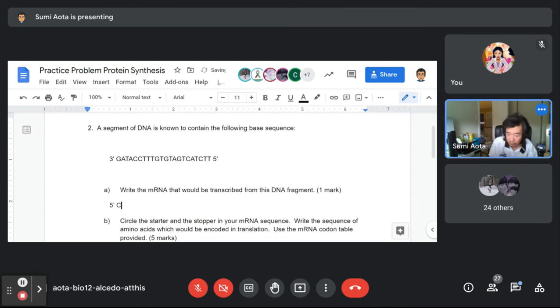The A has to go to a U. The T has to go to an A. The A has to go to a U. The C goes to a G. Second C goes to another G. Then I'll have 3 A's in a row.